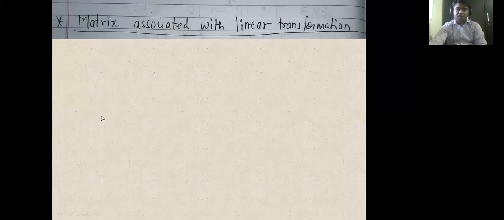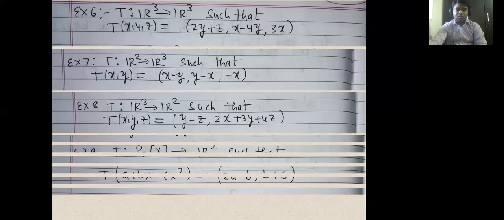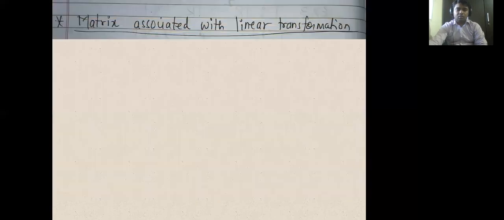So, matrix associated with the linear transformation. First, we have to understand this. Remember that if it is a linear transformation, then it will have a matrix associated with it, but that matrix is associated with the basis.